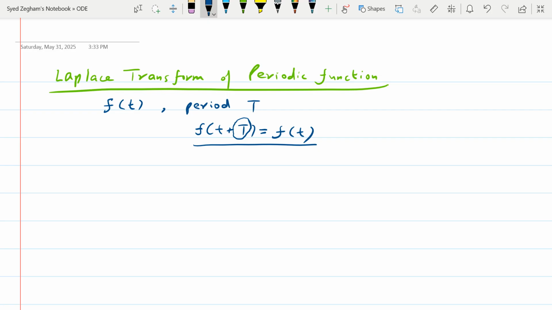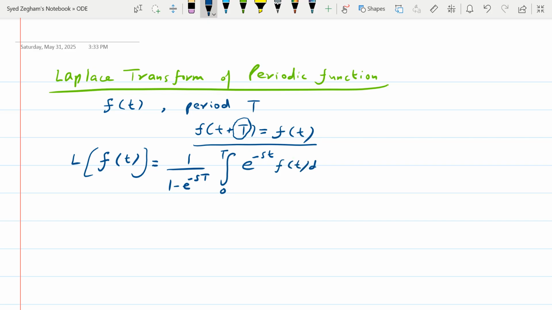And for a periodic function the Laplace transform is given as 1 over 1 minus e to the power minus sT, where T is the period of this periodic function, times the integral from 0 to T of e to the power minus st f(t) dt.